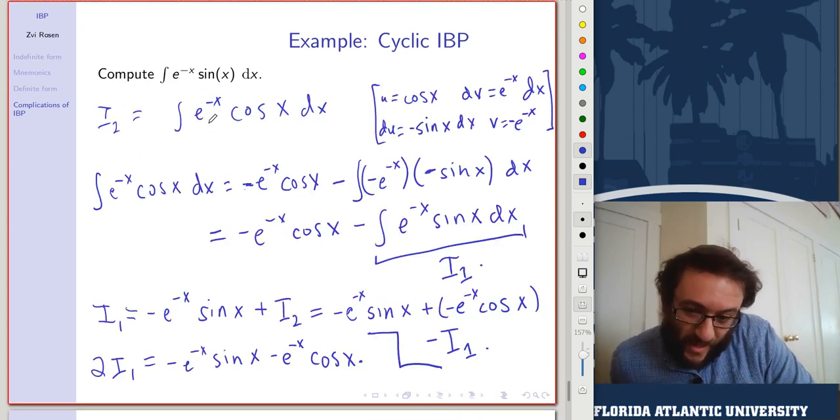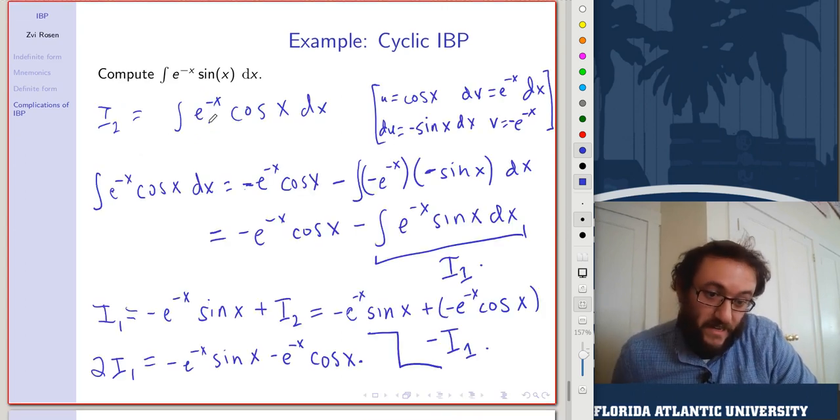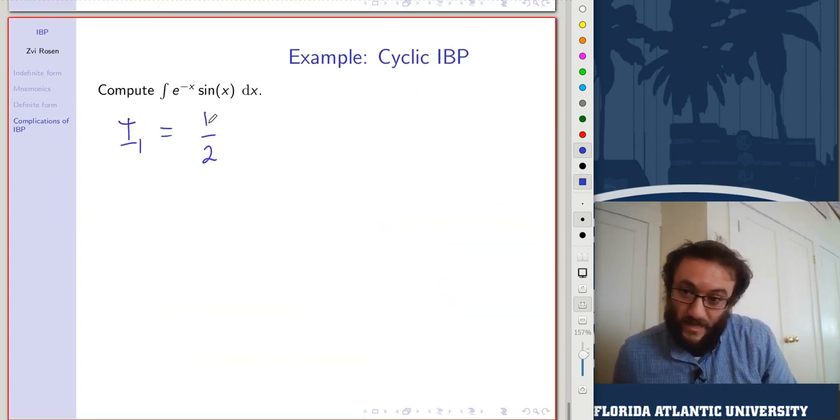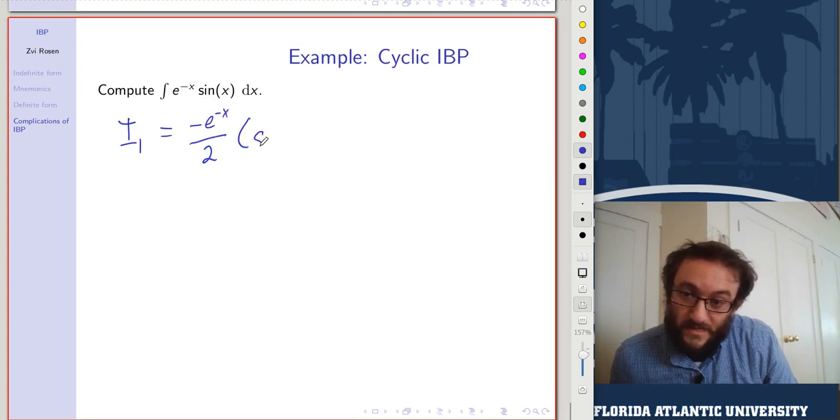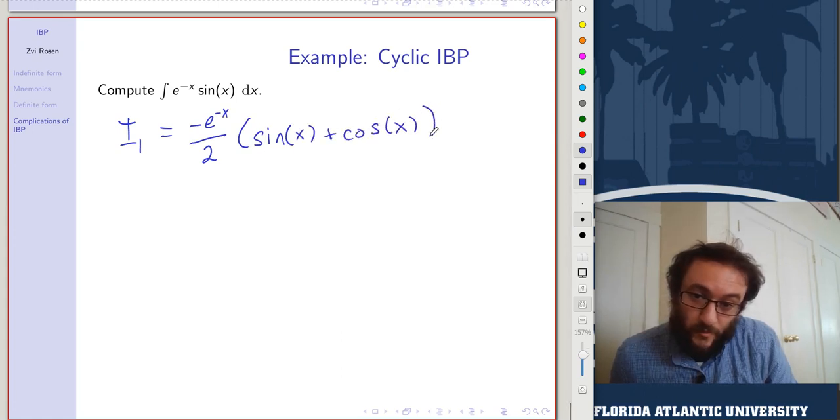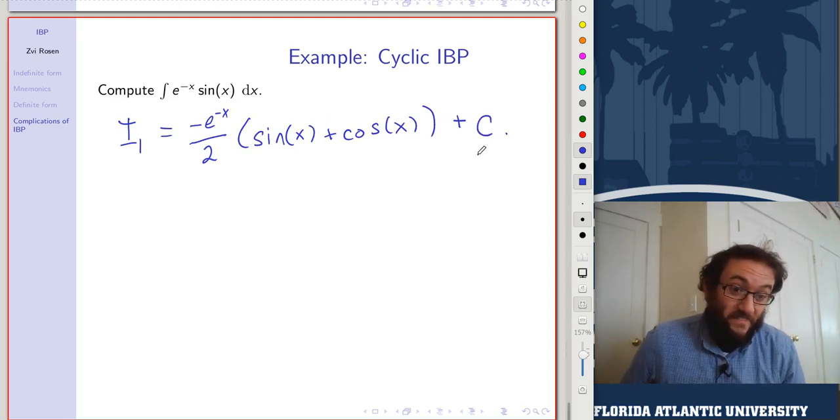And we could even factor out minus e to the minus x from both terms. So this will be minus e to the minus x over 2 times sine x plus cosine x. And we can't forget our constant of integration. Okay, and that is the integral.